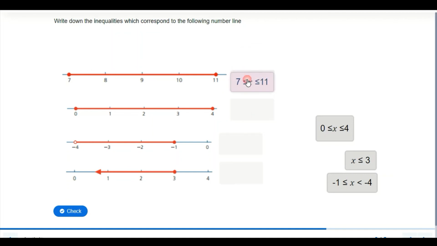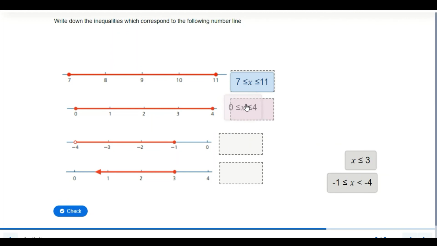So we have this as our answer. Look at this. This is telling us that the value starts from 0 and stops at 4. But it is painted, so we have the equals to sign here as well. So for this one, it's going to be 0 less than or equals to x less than or equals to 4.